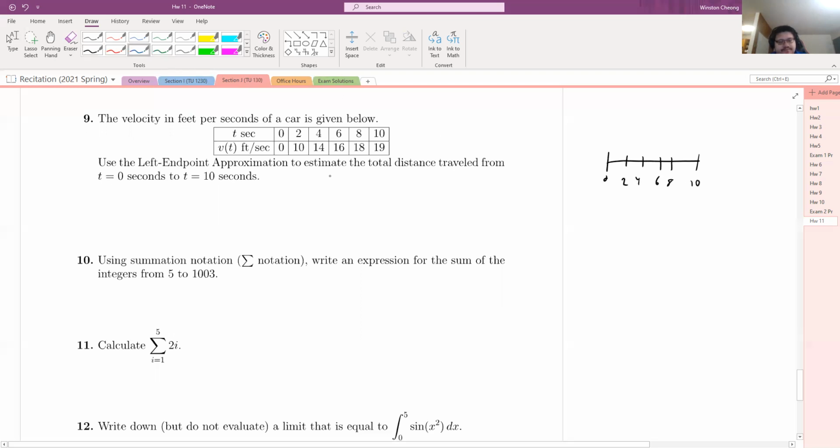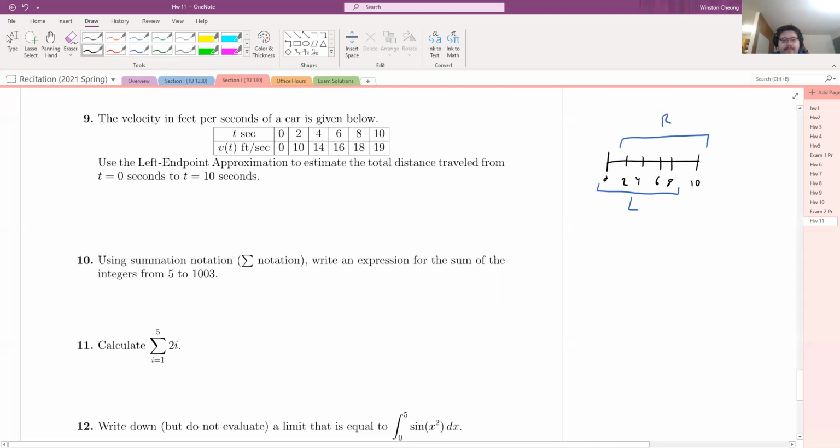So hopefully, you understand that because for each interval you end up taking the left endpoint, that means that you end up using the values from 2 to 8. This is what the left endpoint uses. And I'll contrast this with what the right endpoint would use. It would use the values from 2 to 10. It would exclude the value 0.